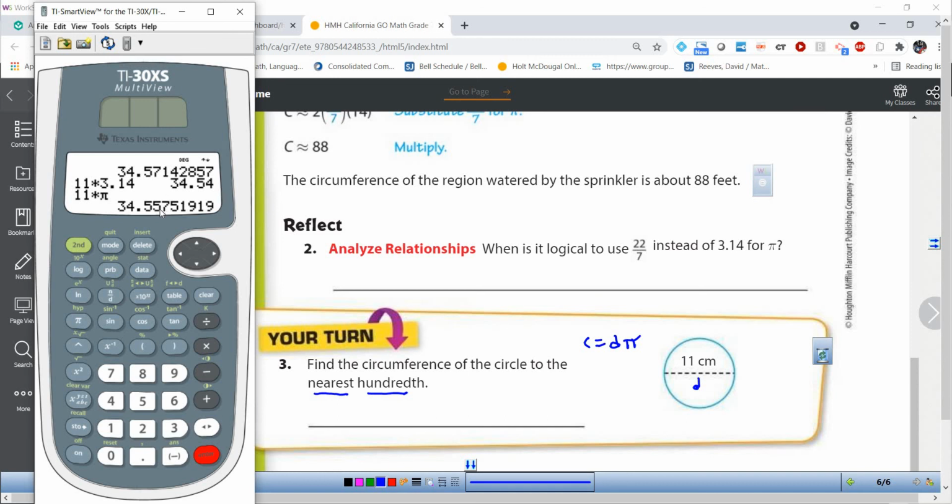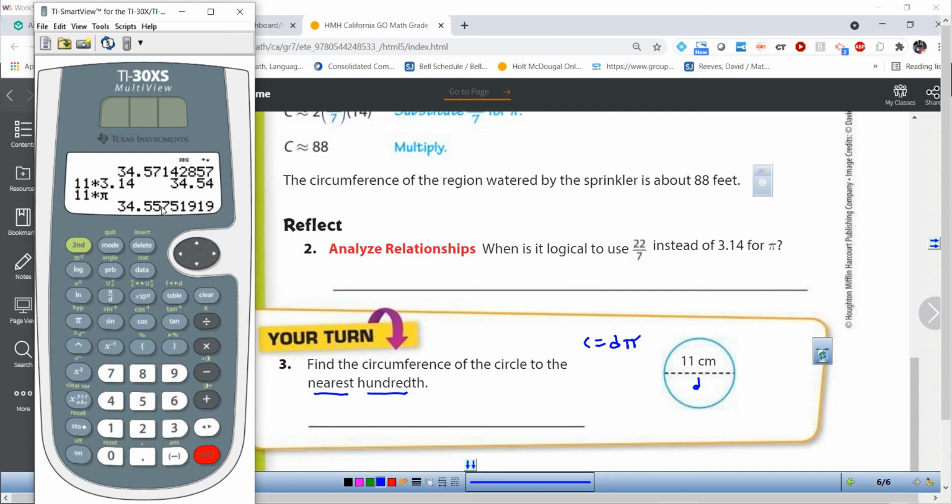Well, 7 is 5 or bigger, so it would be 34.56. So depending on what value for pi I used, it could be 34.54, 34.56, or 34.57. Since they didn't tell you which one to use, if this were you giving me the answer, I would have to accept all 3 of those.